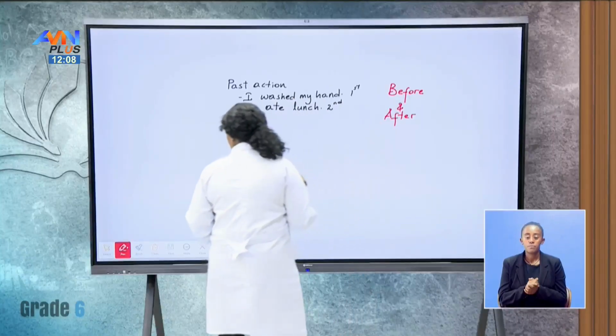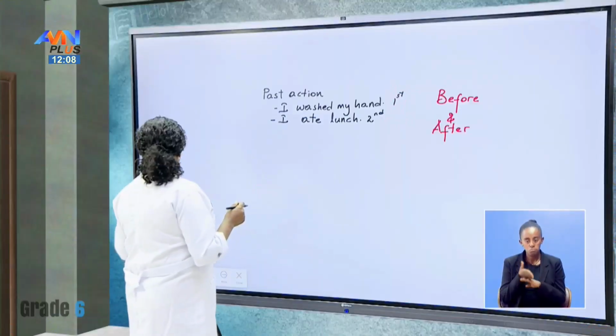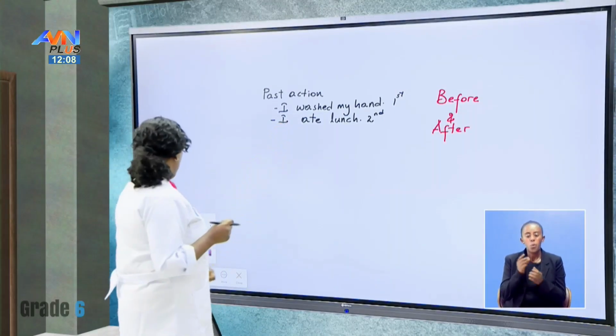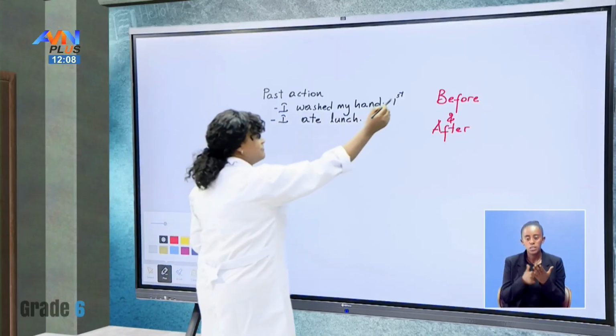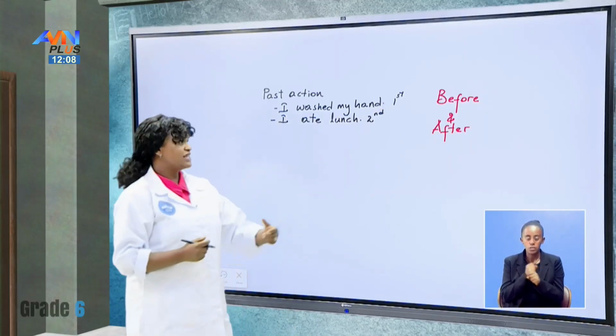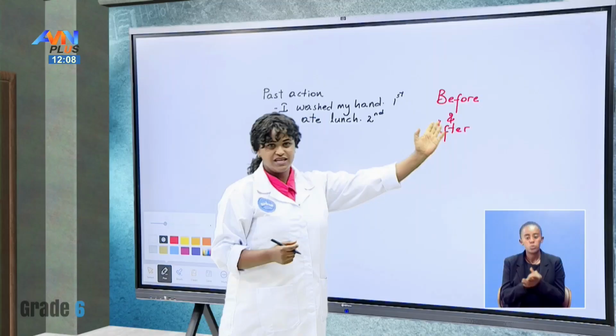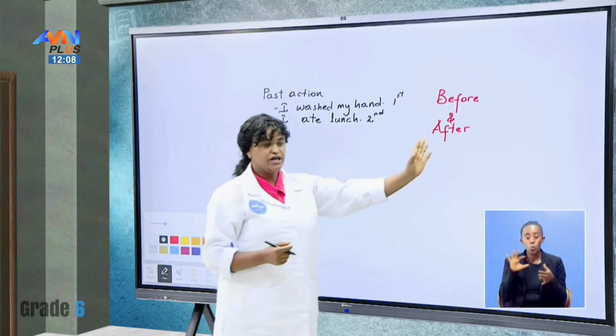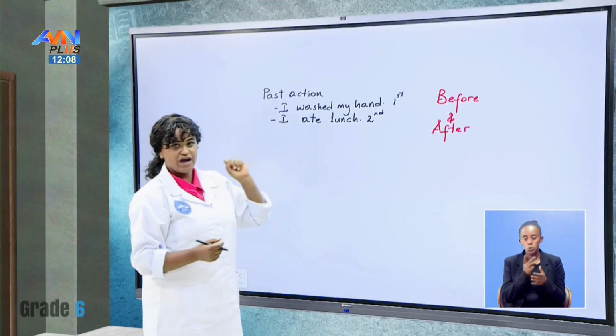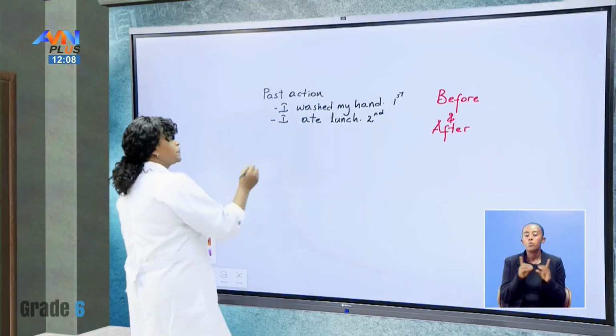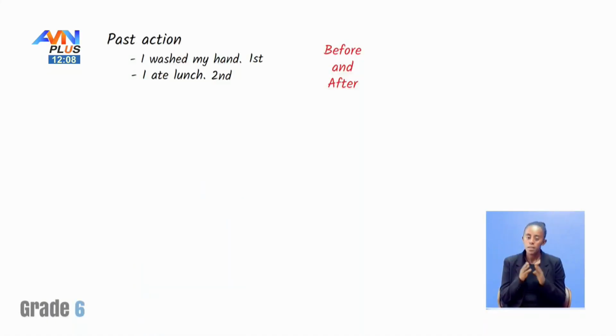All right? So, what do we say about this activity? We said that this one is the first action. So, let us use this as a conjunction and connect these two. How do we say? Let's use before.